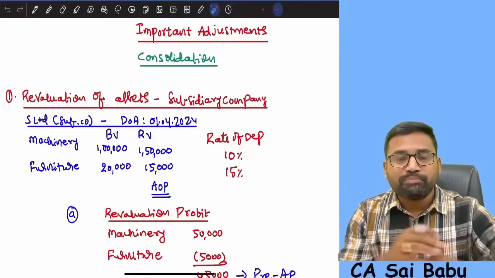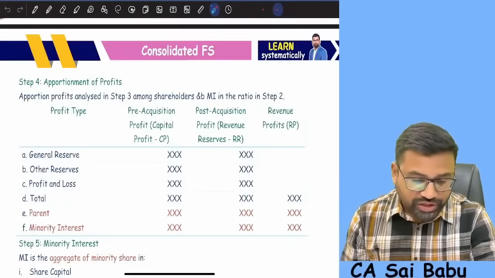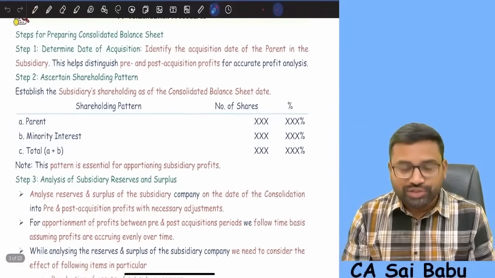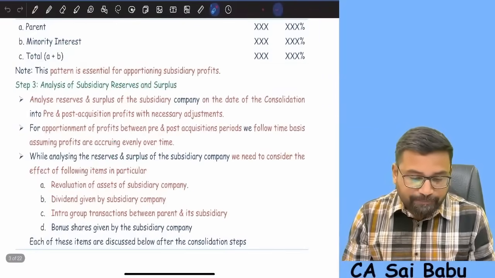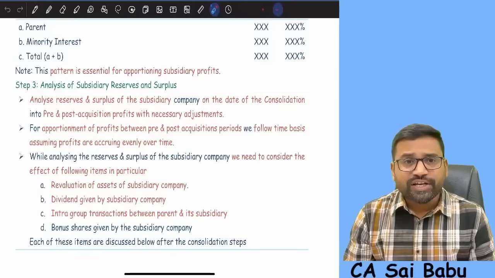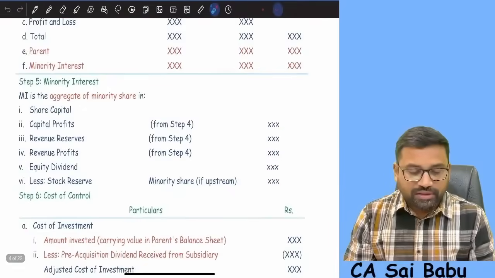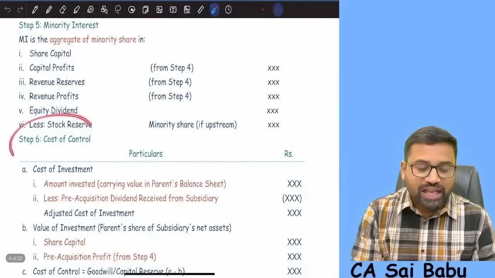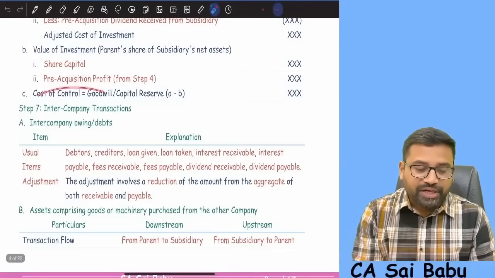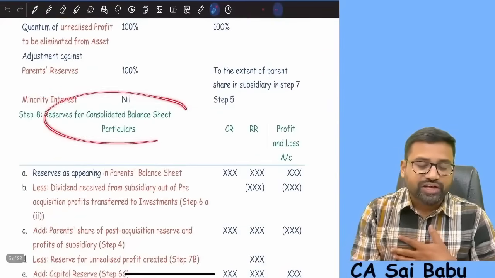Now let us cover important adjustments from the consolidation chapter, sir. Before discussing the important adjustments, you should have the basic idea about the consolidation procedure and the steps involved in it, especially step number 3, analysis of subsidiary company reserves and surplus, apportionment of the analyzed profits, ascertaining minority interest, calculation of cost of control, thereby goodwill or capital reserve, intercompany transactions, identification of intercompany transactions and calculation of reserves for consolidated balance sheet.